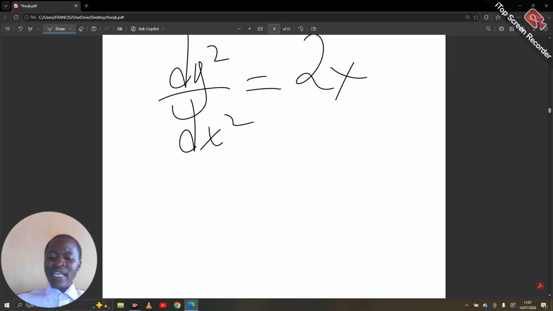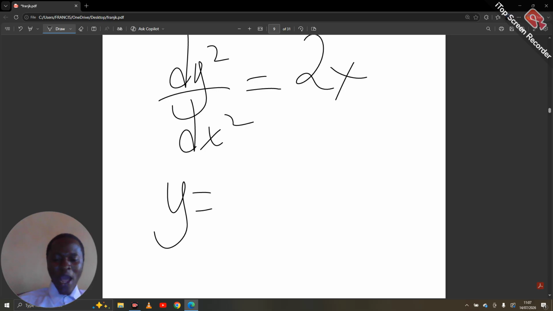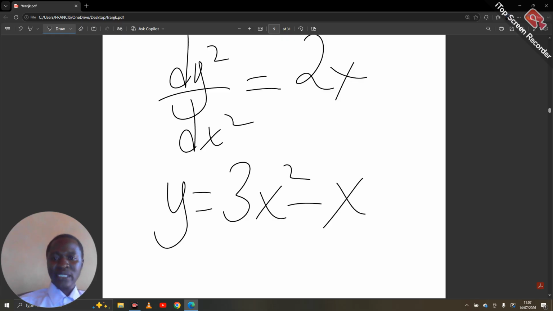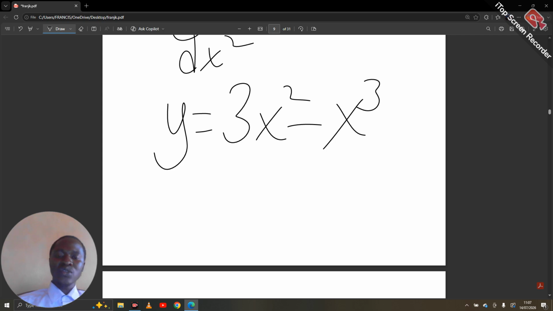Let's take an example. Identify the stationary point and state the nature of the following function. Y is equal to 3x squared minus x cubed.